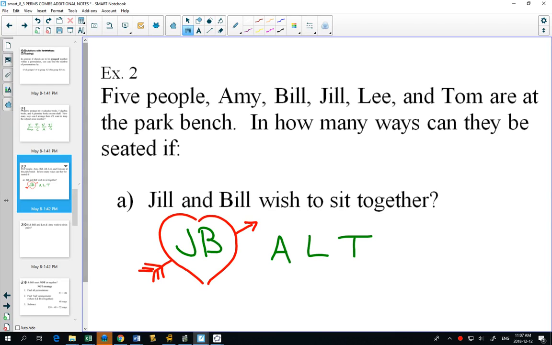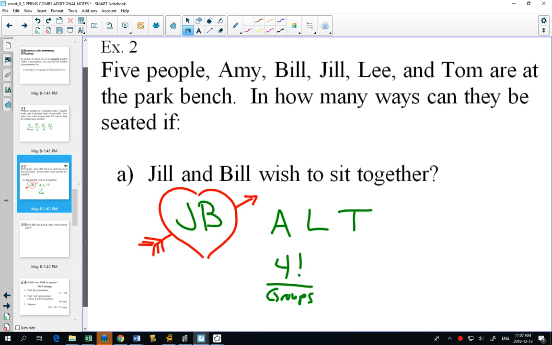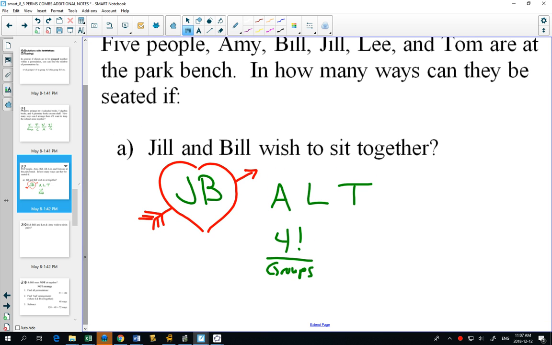And so for our number of groups, we would have 4 factorial. Then for each of our groups, we have the group with Jill and Bill. How many ways could they be seated? Well, they could hold left hand, right hand, or right hand, left hand. 2 factorial, which is just 2.